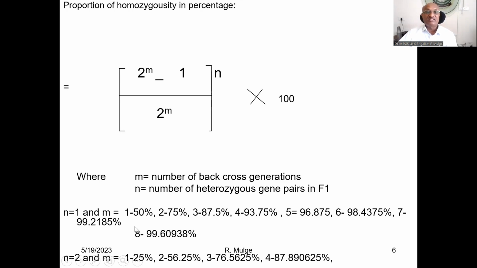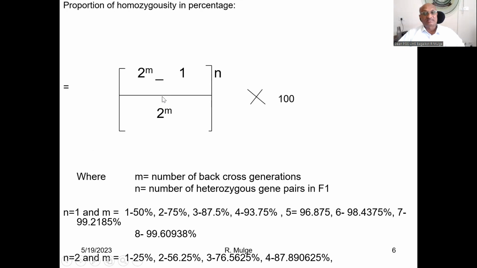And if the number of genes is 2, then in the first backcross generation it is only 25%. For example, if you just take n equal to 2, for the first backcross generation, it is 2 to the power 1, 2 minus 1 is 1, 2 to the power 1 means 2.